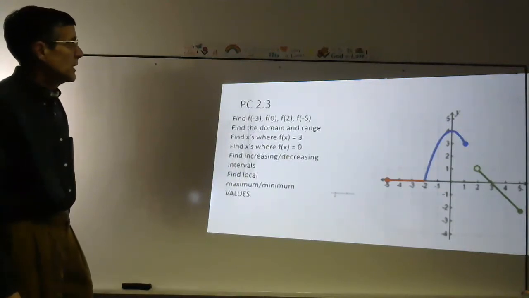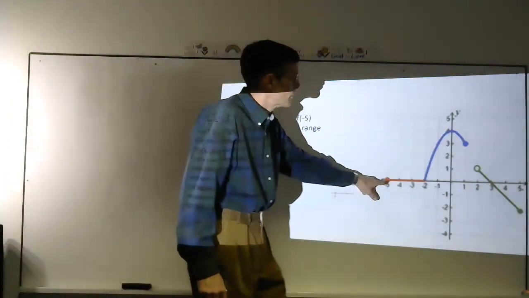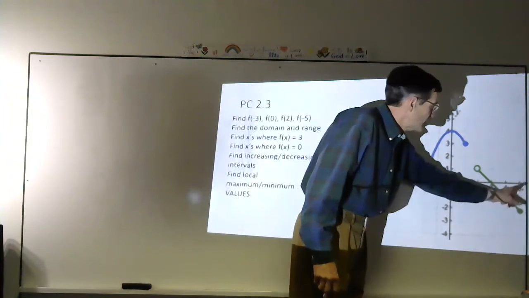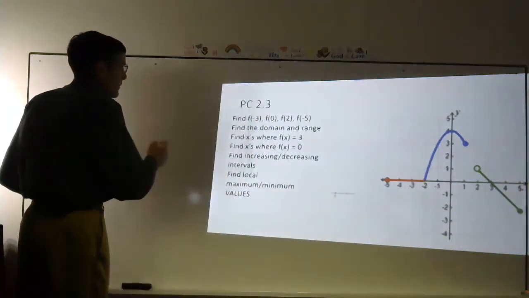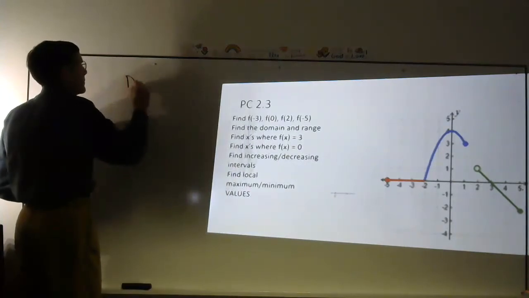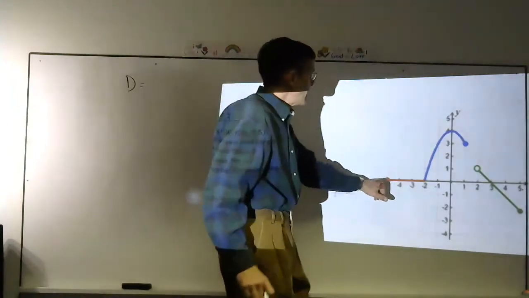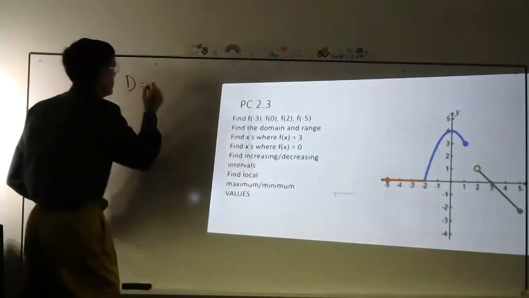Find the domain and range. Okay, now notice this does not go on forever. It starts here, it stops here, starts there again, and stops over at 5. So this is going to be a little tricky. The domain. Let's talk about the domain. So from -5 up to 1, the x values are being used.